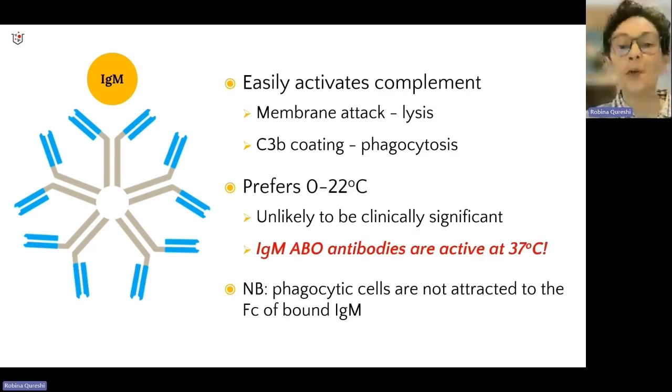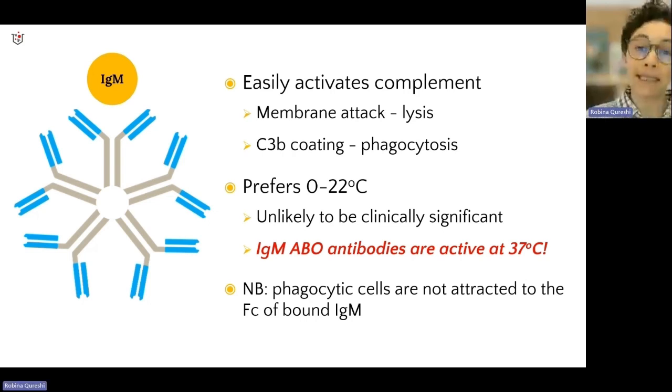Okay, so because it only takes a single IgM antibody binding to kickstart the complement cascade, we can get completion of the cascade, opsonization of red cells when C3b binds as well. But really, we're more concerned about going all the way to membrane attack.